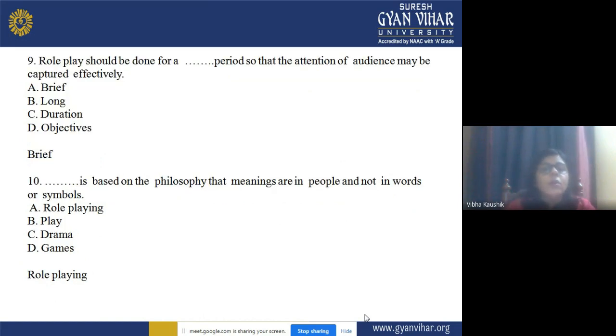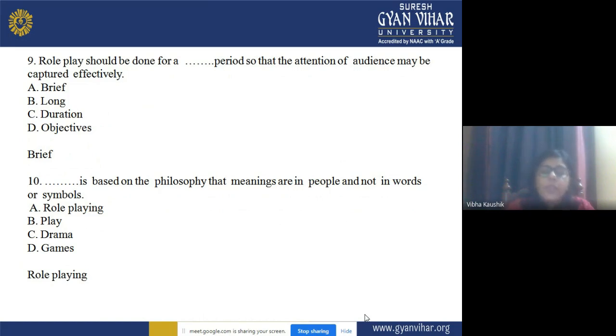Now, ninth one: role play should be done for a dash period so that the attention of the audience may be captured effectively. What should be the duration of a role play so that the attention of the audience may be captured effectively?